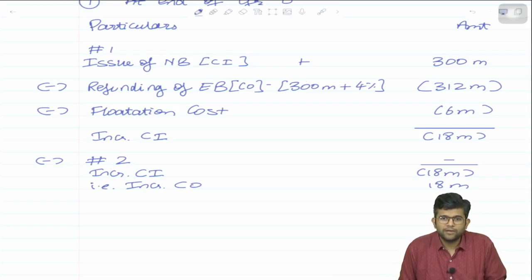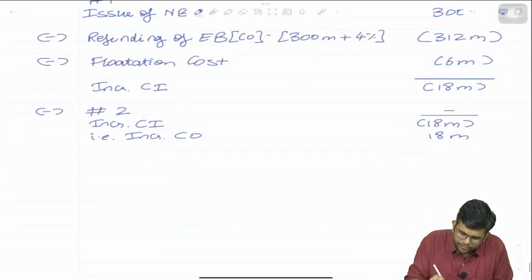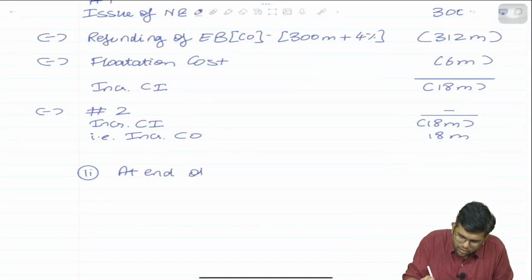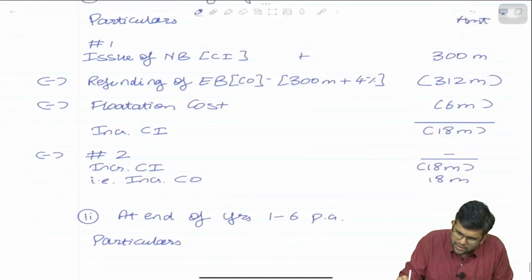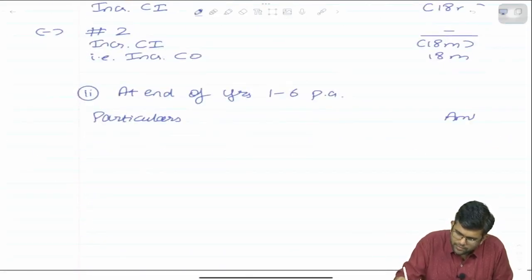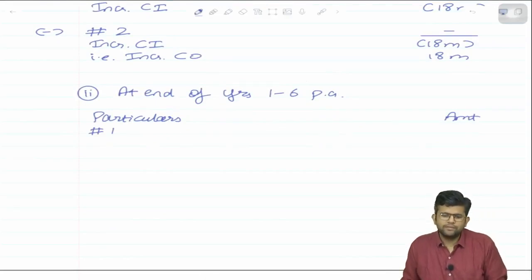Now we will go to end of years 1 to 6. Everyone clear? So I'll write here point number 2. At end of years 1 to 6 per annum, particulars and amount. Story number 1. In story 1, can I say for 6 years I'm going to be paying interest?